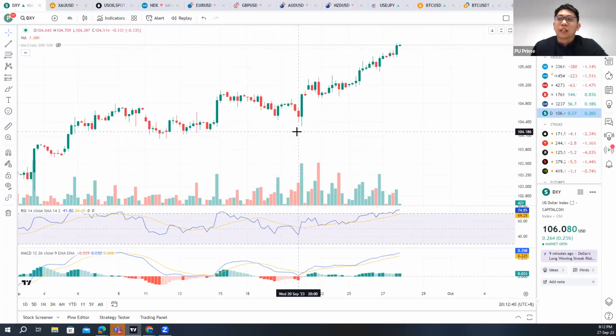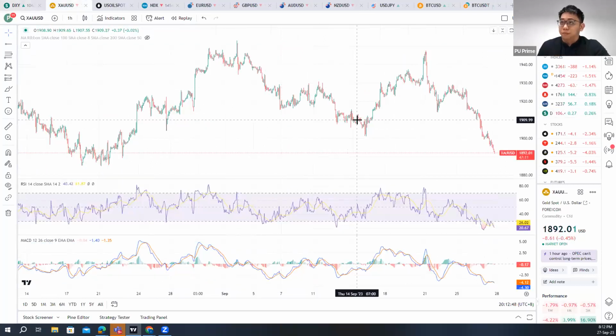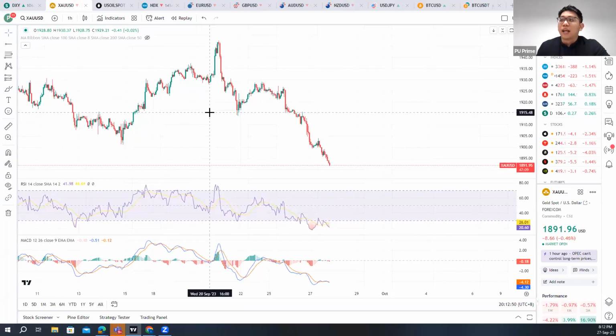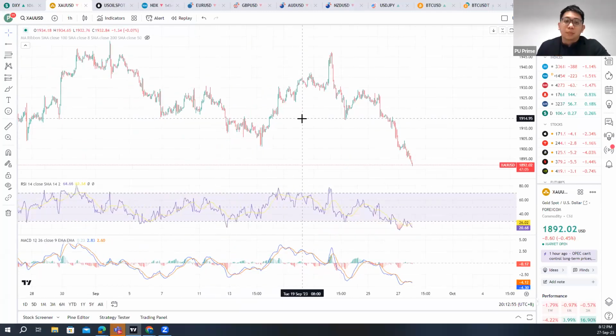You can see also why the dollar is now a more favorite asset than holding other safe haven assets like gold and also the Japanese yen. One of the reasons is that if you hold dollars, you actually can get a return, because like we said just now, the Fed rate is up to 5.25% to 5.5%.